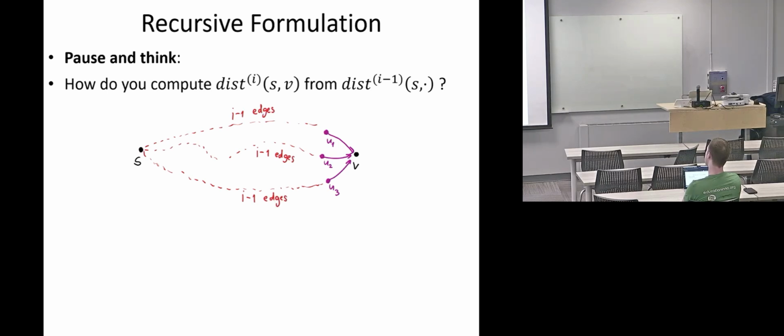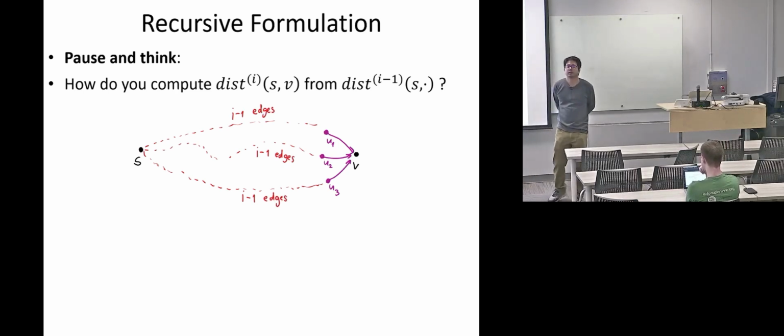Suppose that I want to compute, let's say, the distance from S to some node V using exactly I hops. How can I compute this, given that maybe I have computed, in a recursive way, the distance from S to other nodes using I-1 hops?